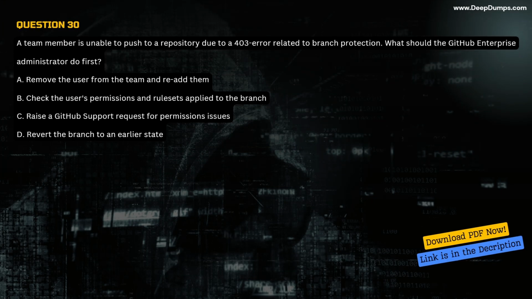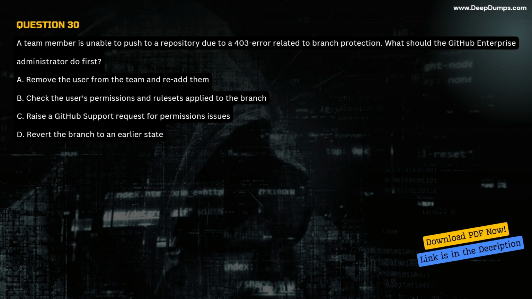Question 30. A team member is unable to push to a repository due to a 403 error related to branch protection. What should the GitHub Enterprise Administrator do first? A. Remove the user from the team and re-add them. B. Check the user's permissions and rule sets applied to the branch. C. Raise a GitHub support request for permissions issues.